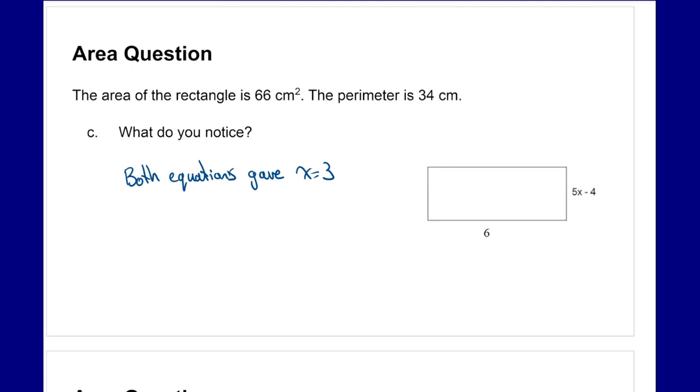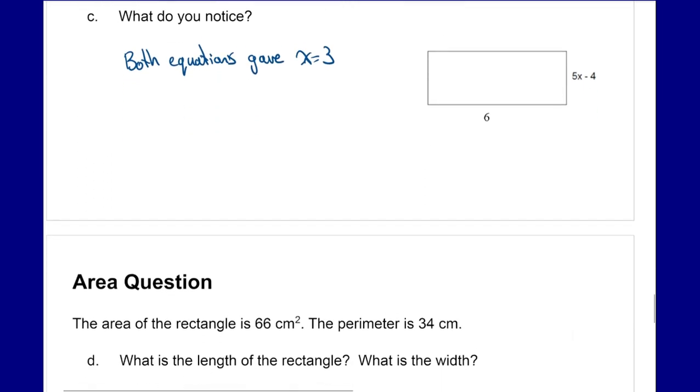So both equations gave us the same value for x. Does that make sense? It should, right? If it's the same rectangle, unless the perimeter or the area was wrong, we should have the same value for x, because by plugging those values for x in means we have only one set of dimensions, which should make sense for a rectangle.